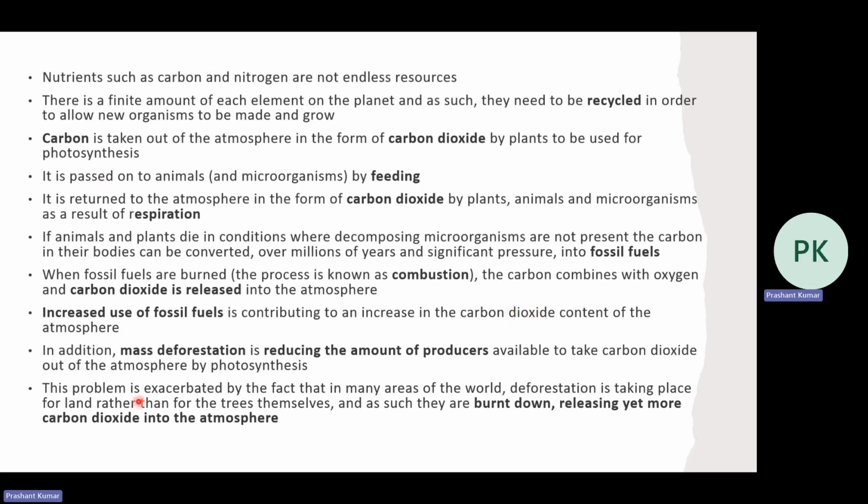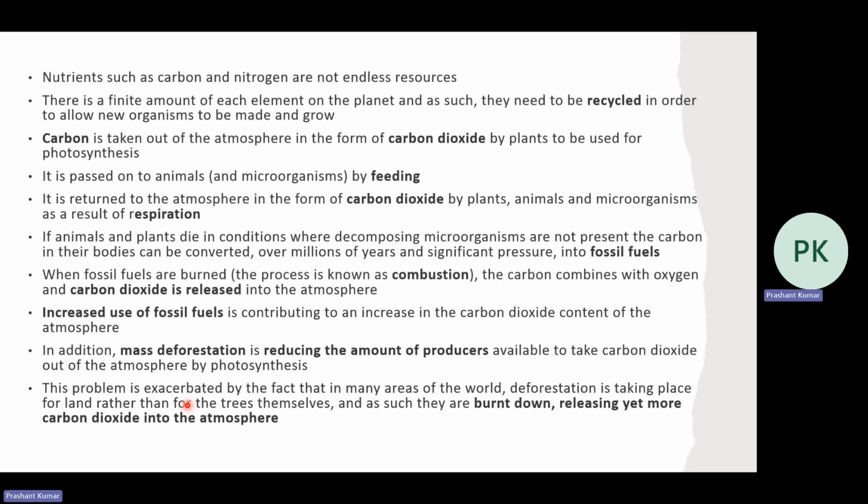So in addition, mass deforestation is reducing the amount of producers available to take the CO2. So CO2 keeps on increasing in the atmosphere and the temperature of the earth increases. So this problem is very crucial.